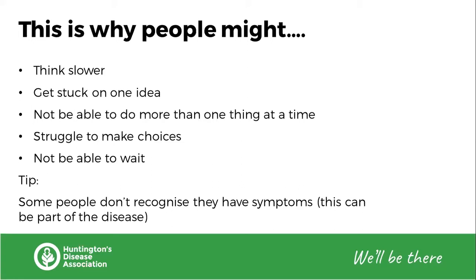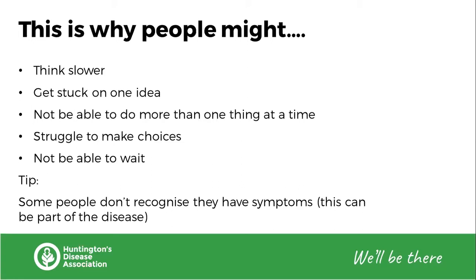And we just made a note of this at the bottom, just to be aware, this might be true of the person you care for, or it might not, but sometimes people with Huntington's just really don't recognize that they have these symptoms. Some people don't really recognize they have Huntington's at all, and other people recognize they do, but they don't see these changes in themselves.